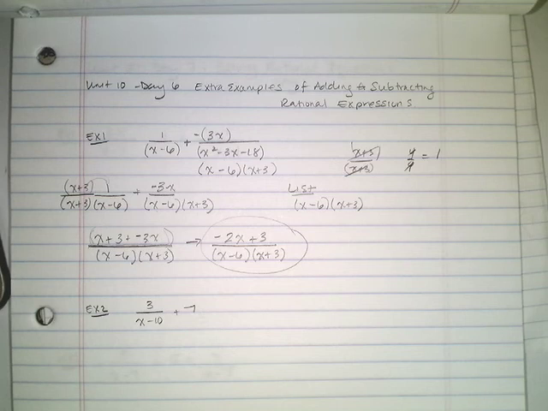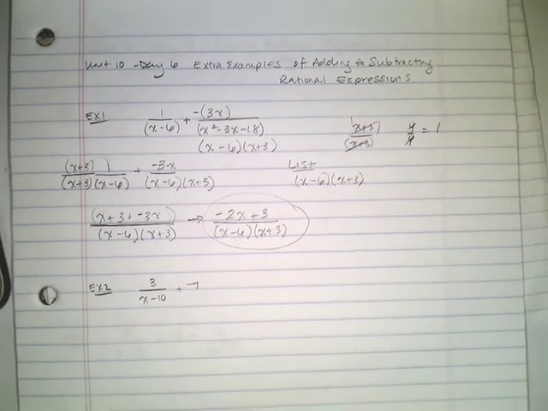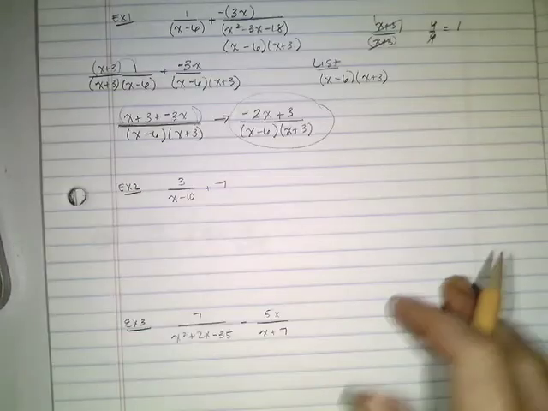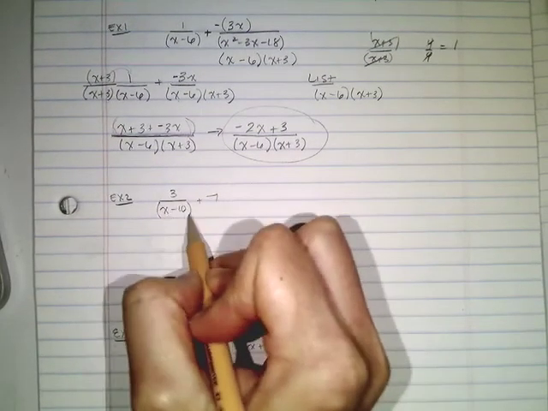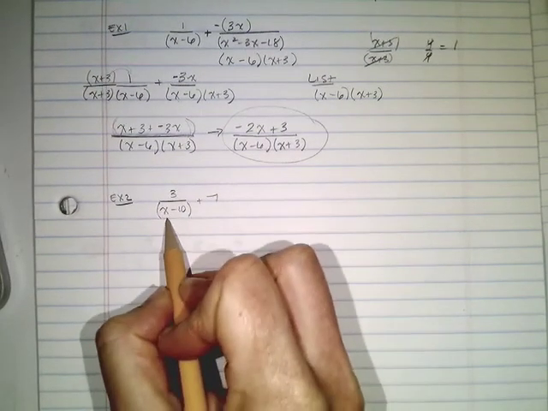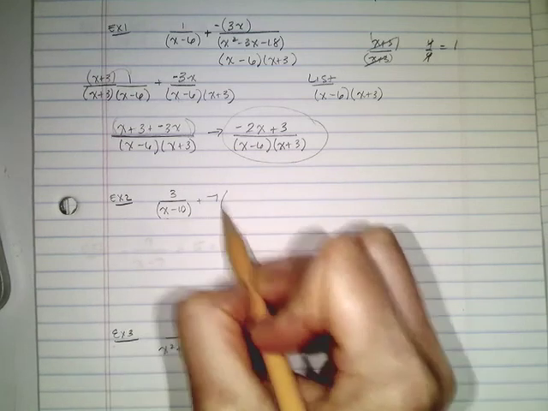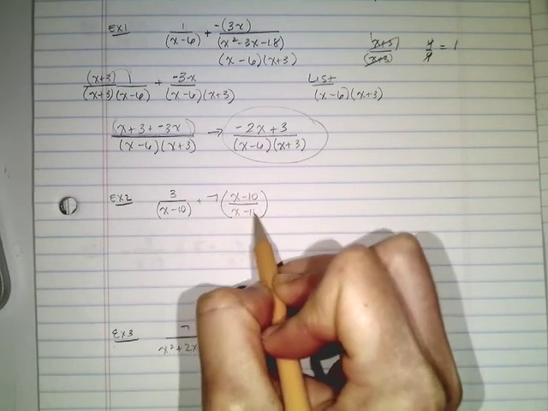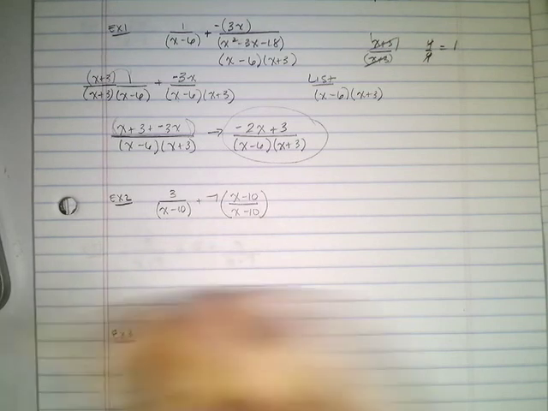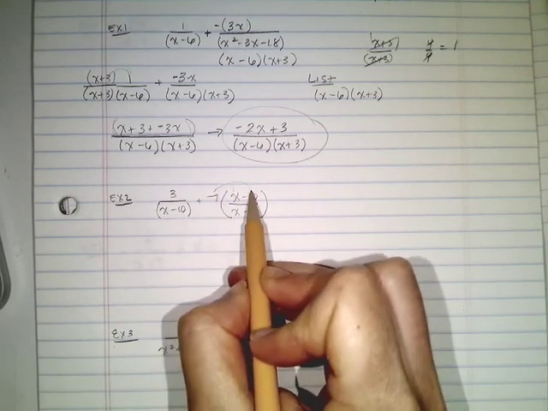Okay? Another example is one that doesn't necessarily have a denominator for all the terms. So these ones are really great in the sense that I can just identify the denominator here is x minus 10. That means the only thing I have to do here is multiply the top and bottom by x minus 10. The 7 does distribute through the numerator.